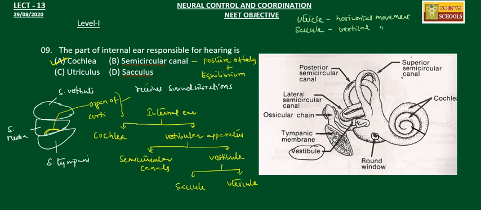So when we move in a lift, or in a rocket, that information is received by this saccule. So here the utricle, saccule, or the semicircular canals, none of them are meant for hearing, and only the cochlear part is meant for hearing. So option A will be the right answer.